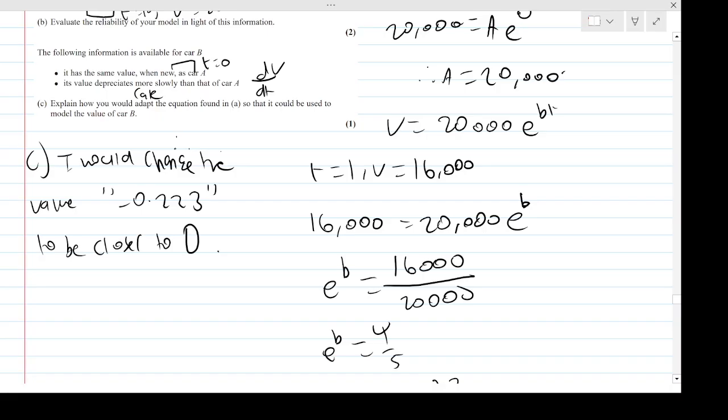As in, if it's closer to 0, it'd be smaller in size, so it'd be a slower rate. And so that's my answer there.